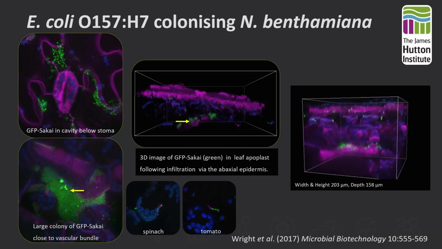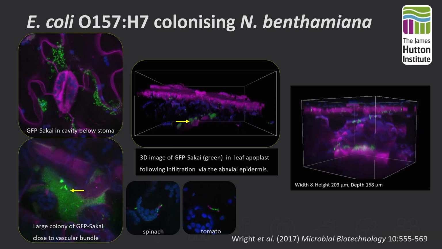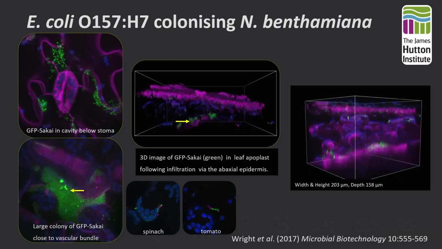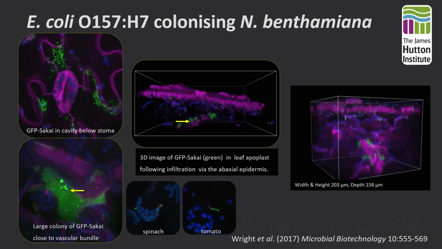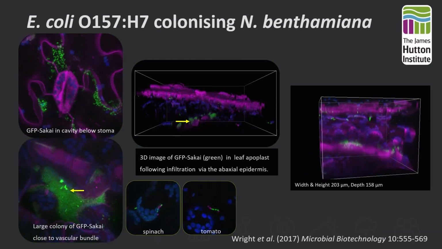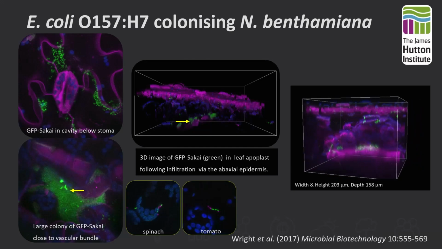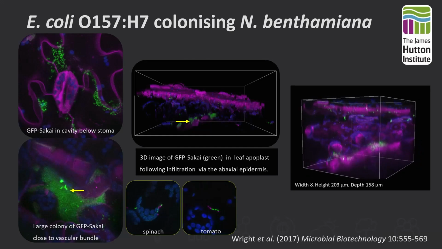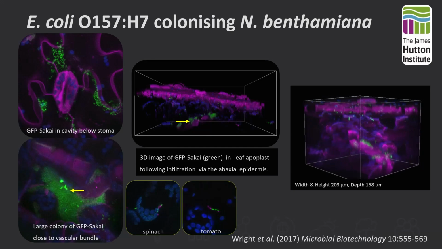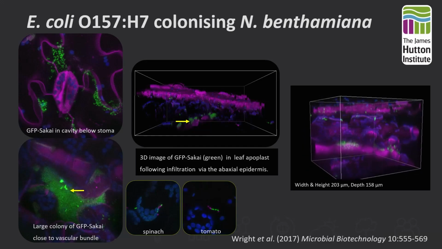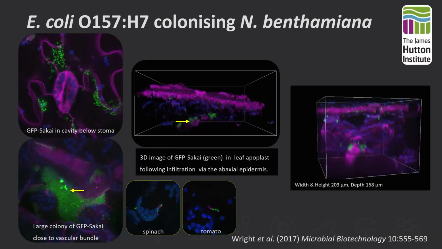From the food point of view, the good news is that not all plants are as susceptible as Nicotiana benthamiana to the bacteria. Here in spinach or tomato, I've inoculated with bacteria expressing both green and red fluorescent protein, and these show that only a few cell divisions have occurred.